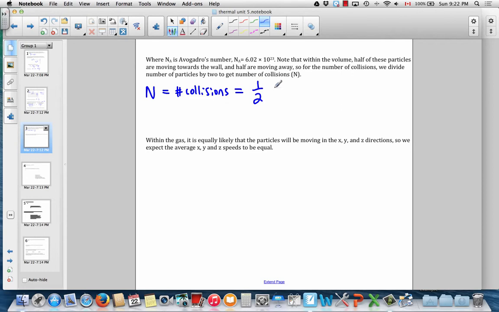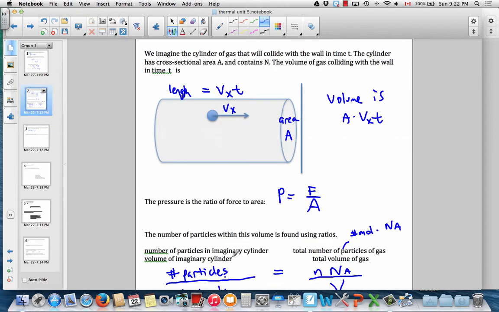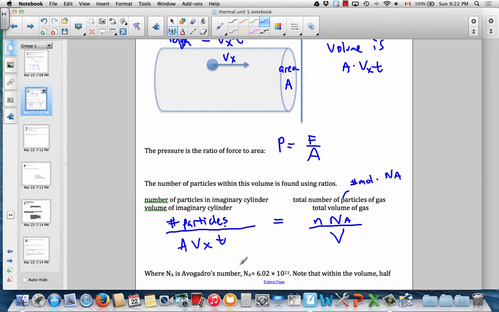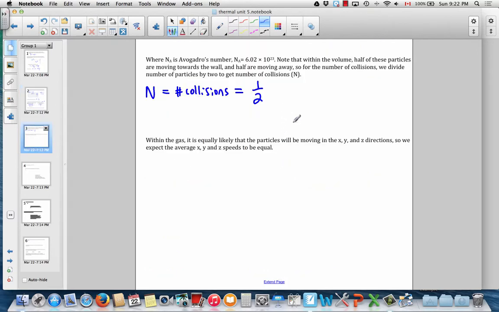If we take that previous result and cross multiply this term over and up here, then we get this result here. It's the number of moles times Avogadro's number times the cross-sectional area of our cylinder, the x velocity of the particles, the time of interest t, and then we divide by the gas volume V. That's the total gas volume.